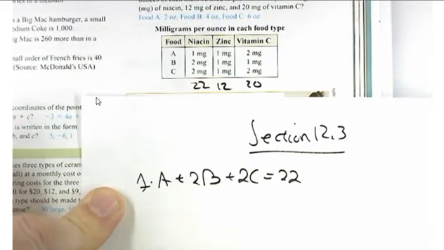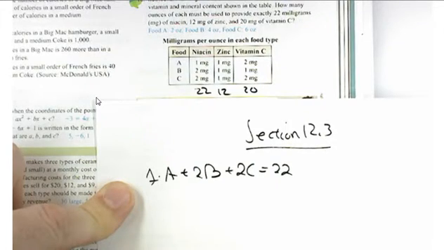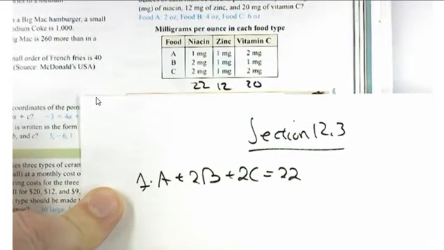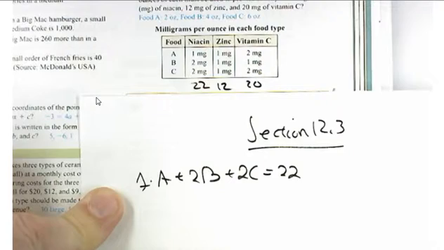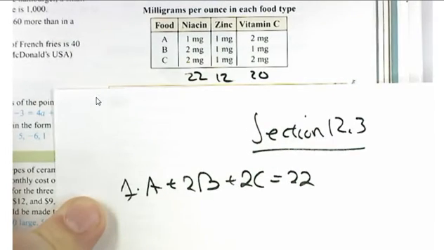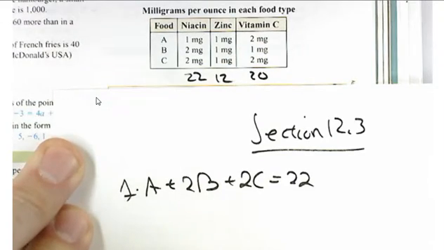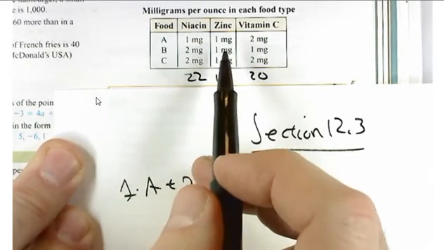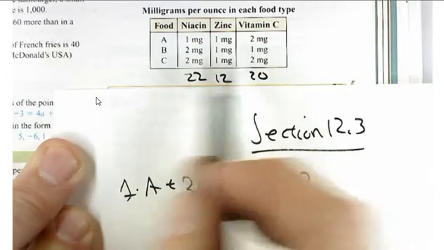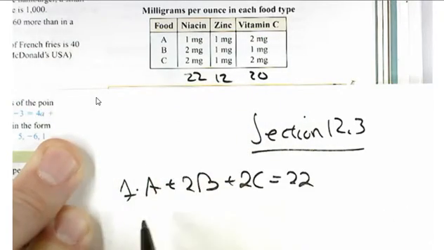So that's one equation. But that one equation has 3 unknowns. Typically speaking, if you want to solve an equation with 3 unknowns, you'd like 3 equations. So I need 2 more equations. But can you see how we get the next one? We get the next one based on zinc.